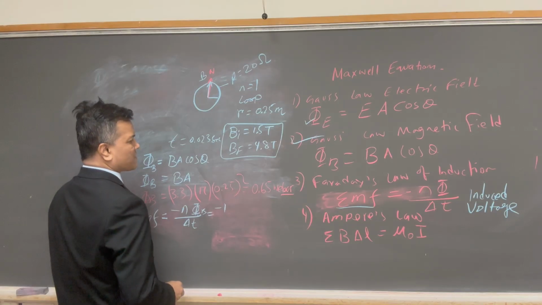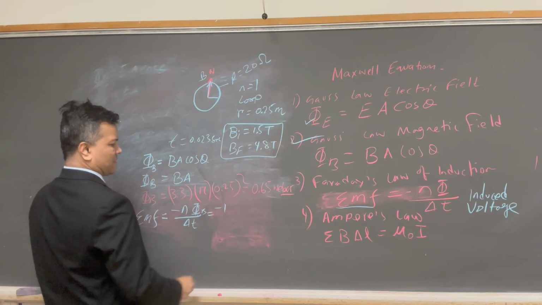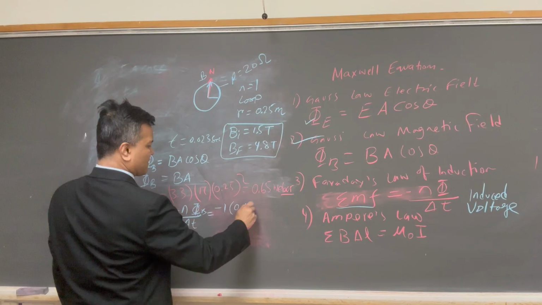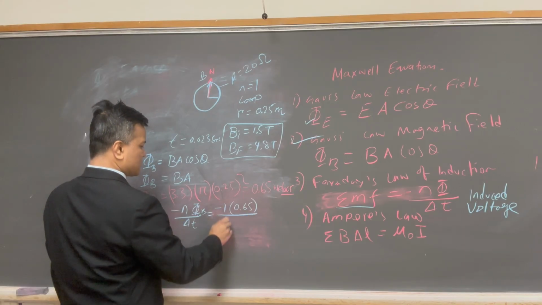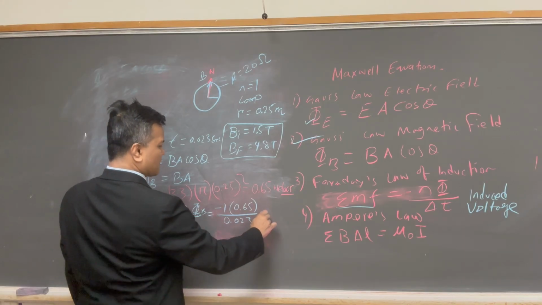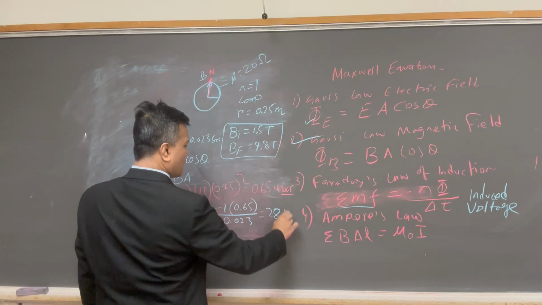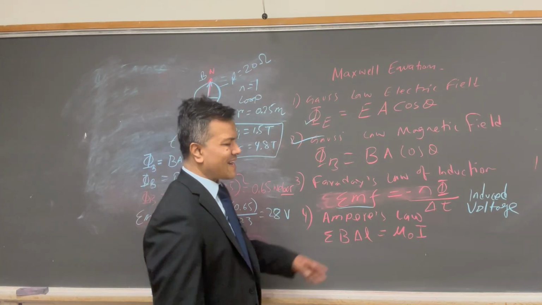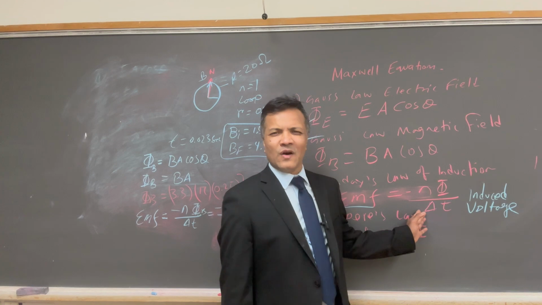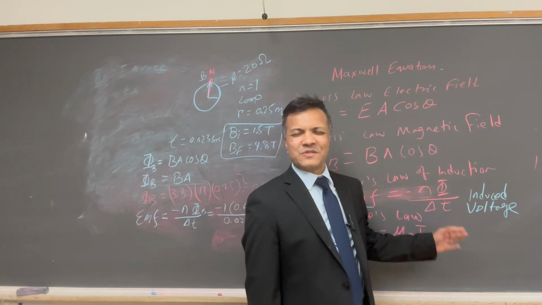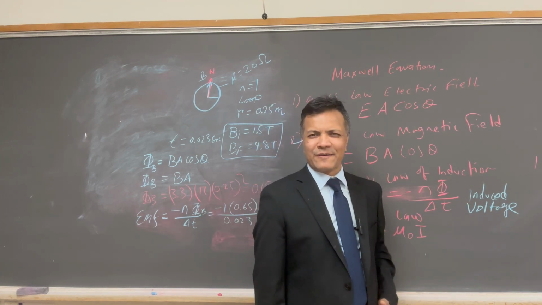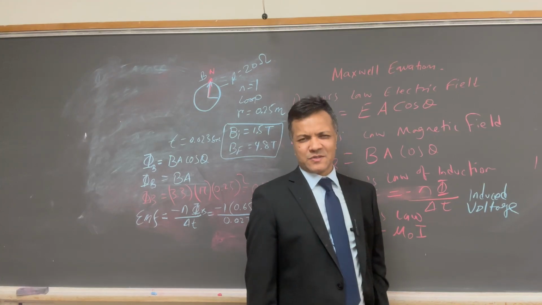Magnetic flux is 0.65, and the time is 0.023. That's 28 volt. SI unit for voltage is a volt. SI unit for EMF is also volt, because EMF is a special case for voltage.